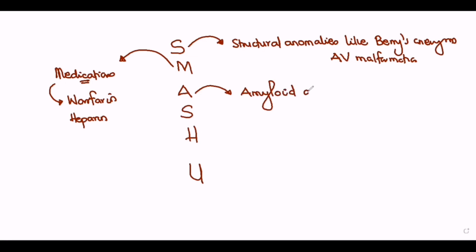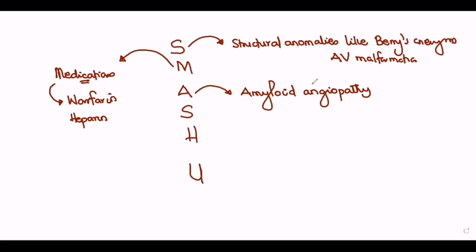Amyloid angiopathy. What is an amyloid? What is amyloidosis? So an amyloid is an abnormal protein that is produced in the body. When we say angiopathy, angio means vessel, pathy means disease. And so amyloid angiopathy is when an abnormal protein deposits within the walls of the vessel, which makes it weak.